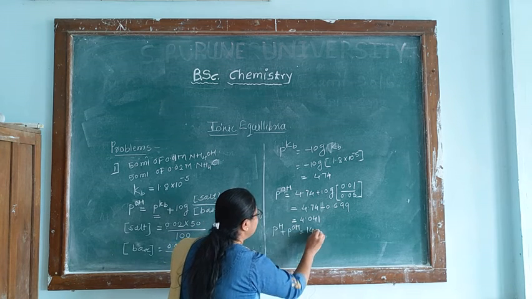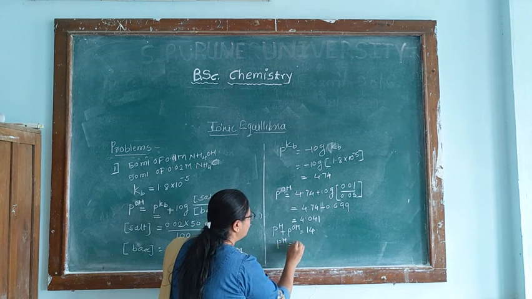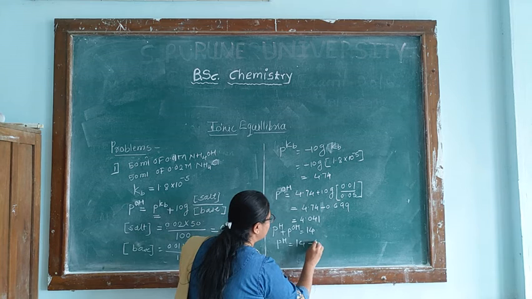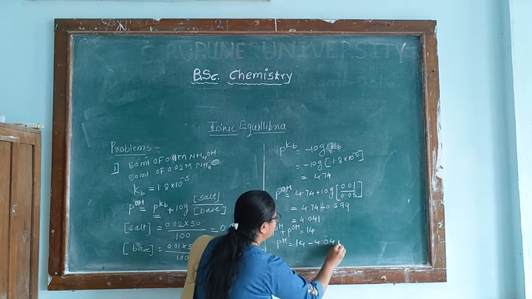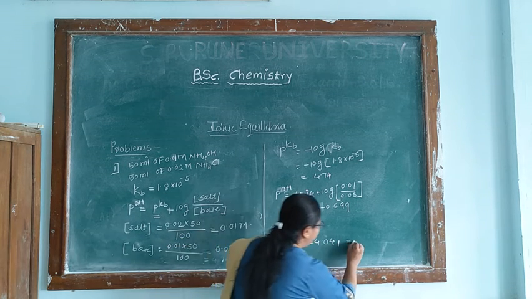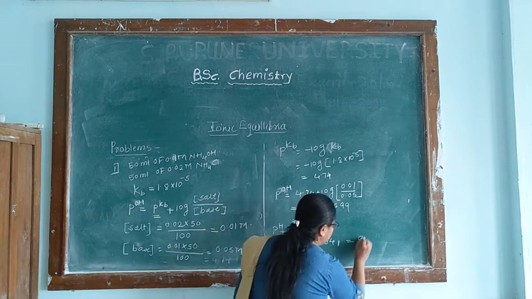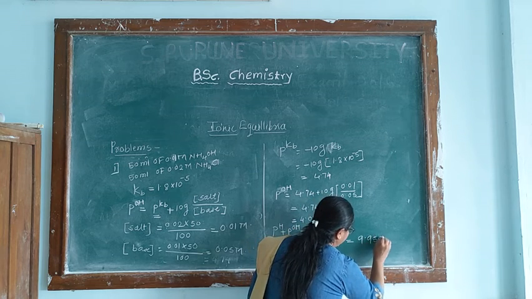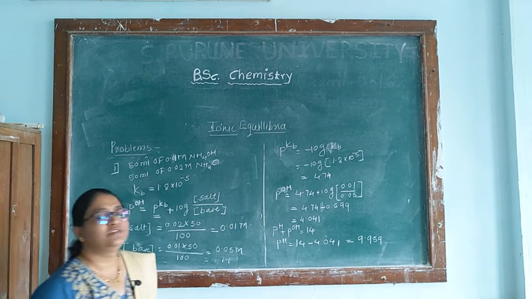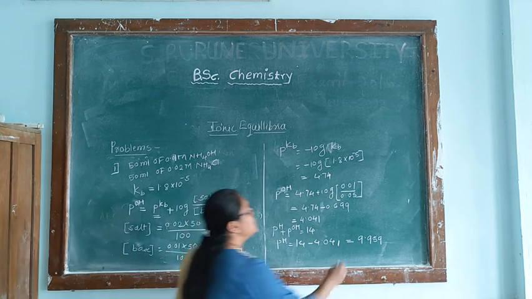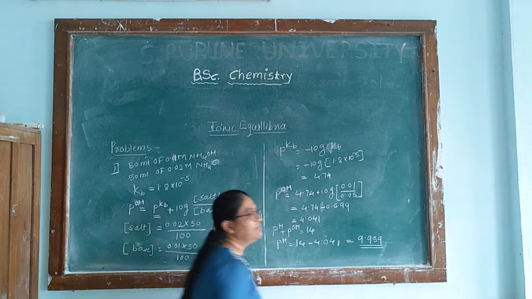Therefore, pH is equal to 14 minus pOH. How much pOH have we got? 4.041. So the pH of the basic buffer is 9.959. So this is the pH of the basic buffer that we have got.